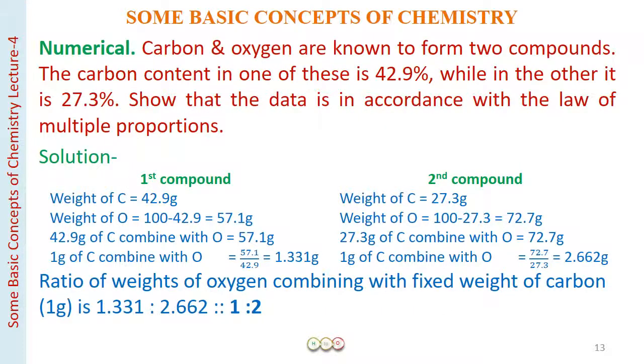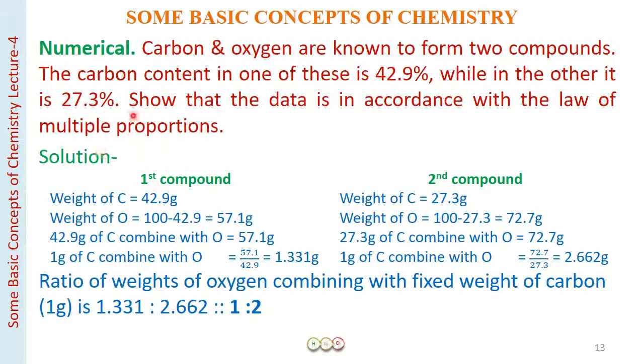Now we can apply this law to our numerical. So we have carbon and oxygen. They are known to form 2 compounds, and the carbon content in one of these is 42.9%, while in the other it is 27.3%. Show that the data is in accordance with the law of multiple proportions, right?